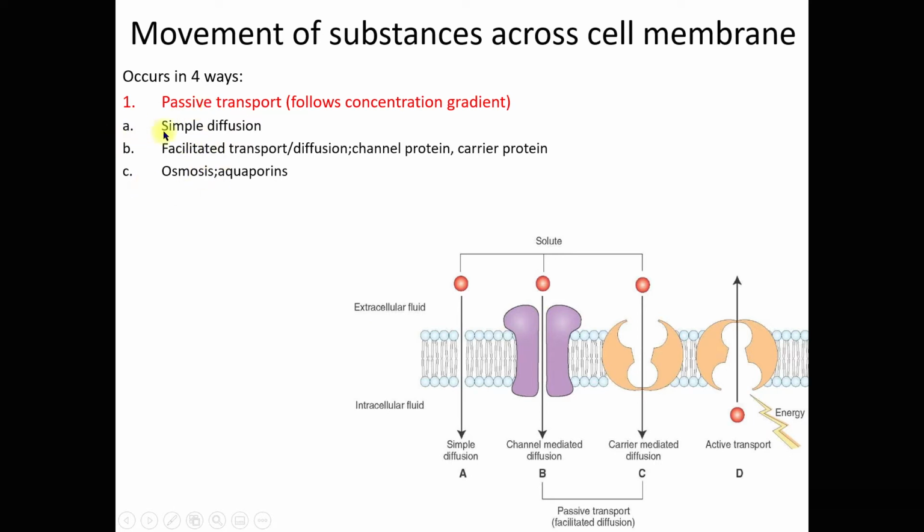Now class, simple diffusion and osmosis are different. There are many examples of simple diffusion, but one that is very common is the simple diffusion of water. The water will just diffuse from one point to another point, from a point that is higher in concentrated water molecules to a point where the water molecule concentration is lower.